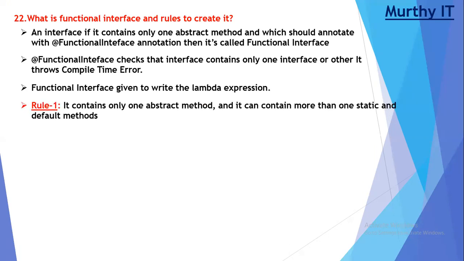Rule 1: to create a functional interface, it contains only one abstract method, and it can contain more than one default method and static method.